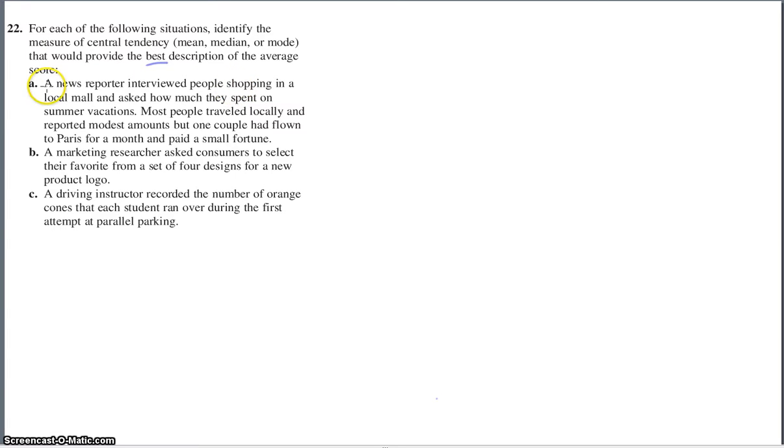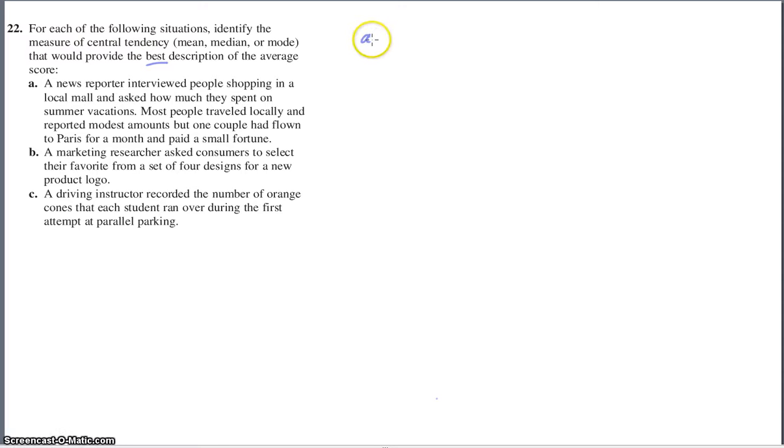Situation A. A news reporter interviewed people shopping in a local mall and asked how much they spent on summer vacations. Most people traveled locally and reported modest amounts, but one couple had flown to Paris for a month and paid a small fortune.